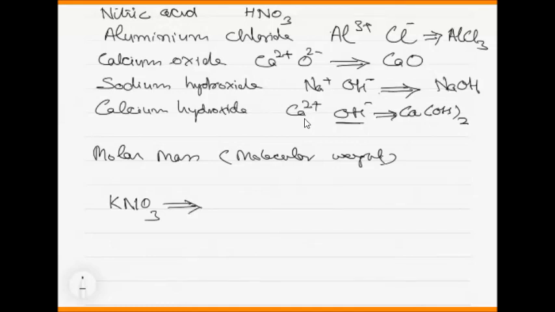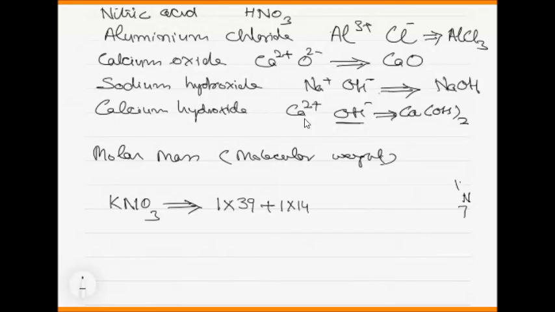Now critically we have to see how we proceed. If you see, K has got only one atom. If you see the table of atomic masses, you find the atomic mass of K is 39. So I'll write 39. Plus nitrogen is 1, so I write 1, and its atomic mass is 14.